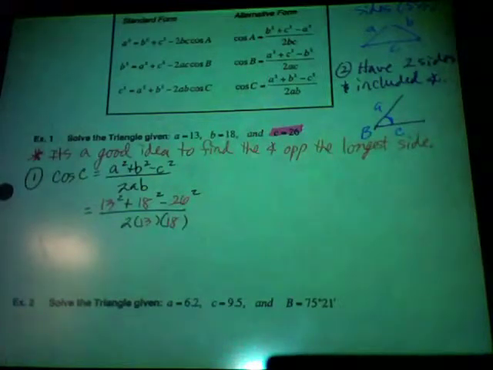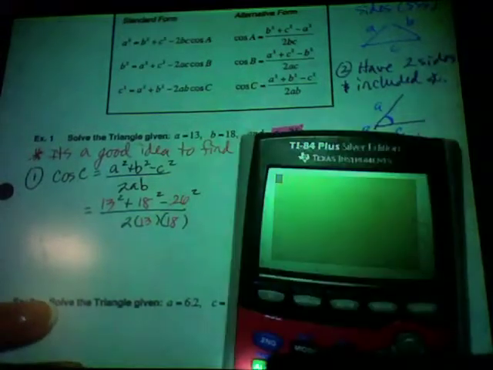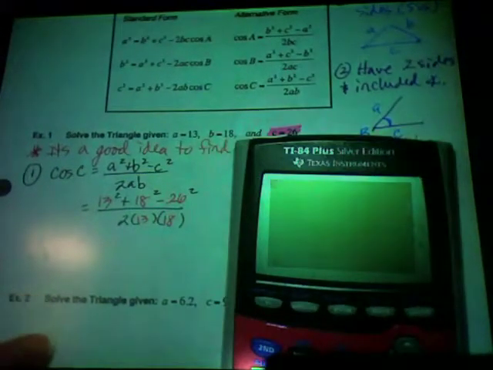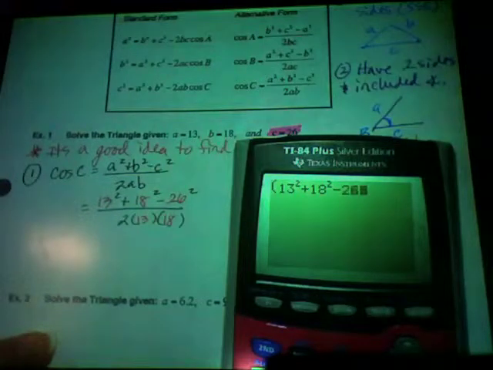So we're going to find the decimal equivalency of this. 13 squared plus 18 squared minus 26 squared, divided by 2 times 13 times 18.